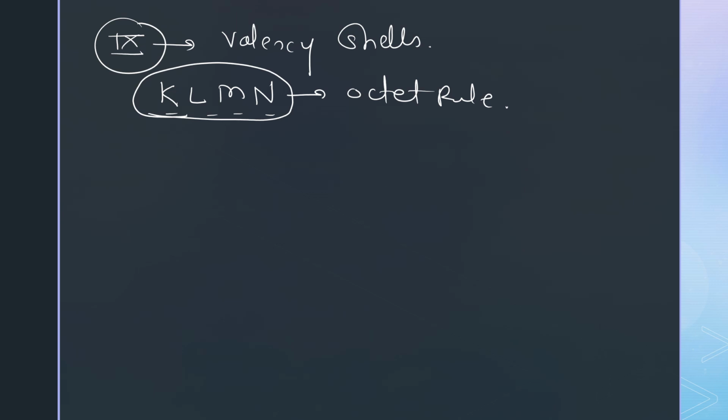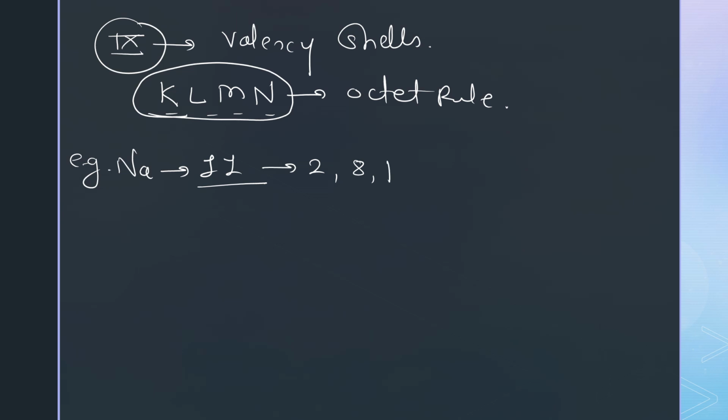So here, taking the example of sodium, what is the atomic number of sodium? Yes, it is 11. So what is the electronic configuration of 11? That is 2, 8, 1.